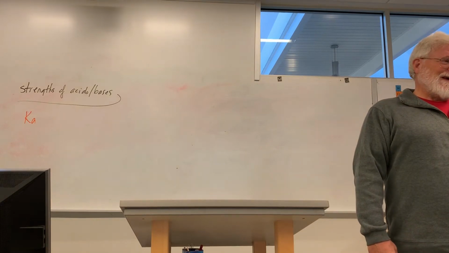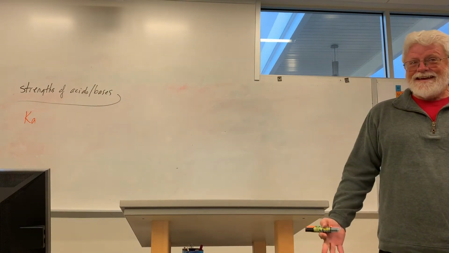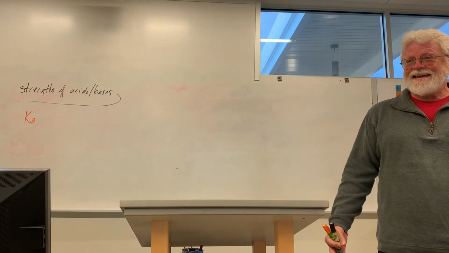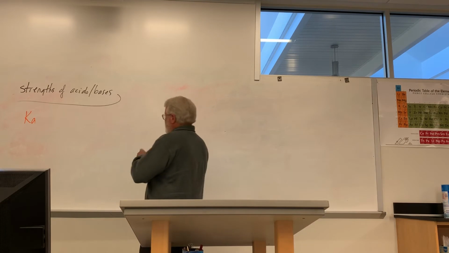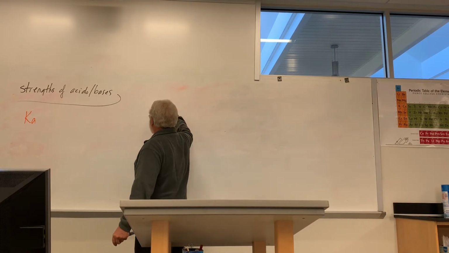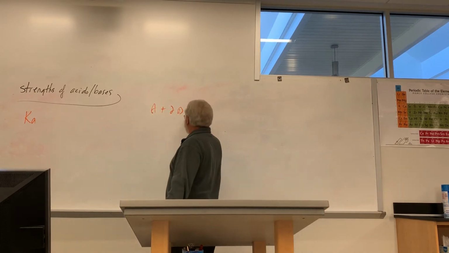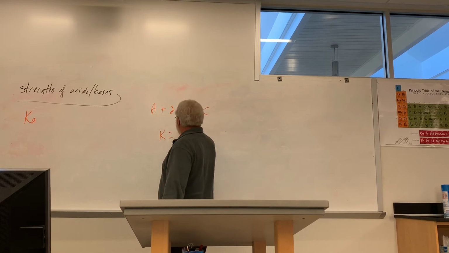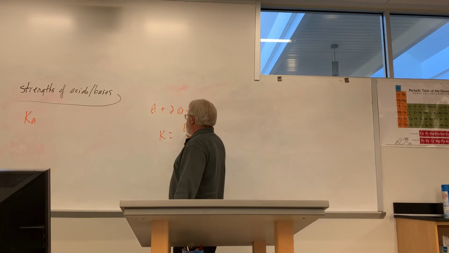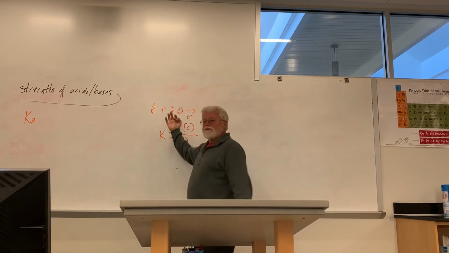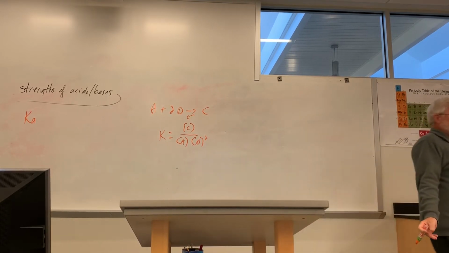More generally, K. If you have any sort of reaction, say A plus 2B gives C as an example, the equilibrium constant is equal to the concentration of products raised to powers equal to their stoichiometric coefficients divided by the concentration of reactants raised to powers equal to their stoichiometric coefficients. That's the equilibrium constant in general.